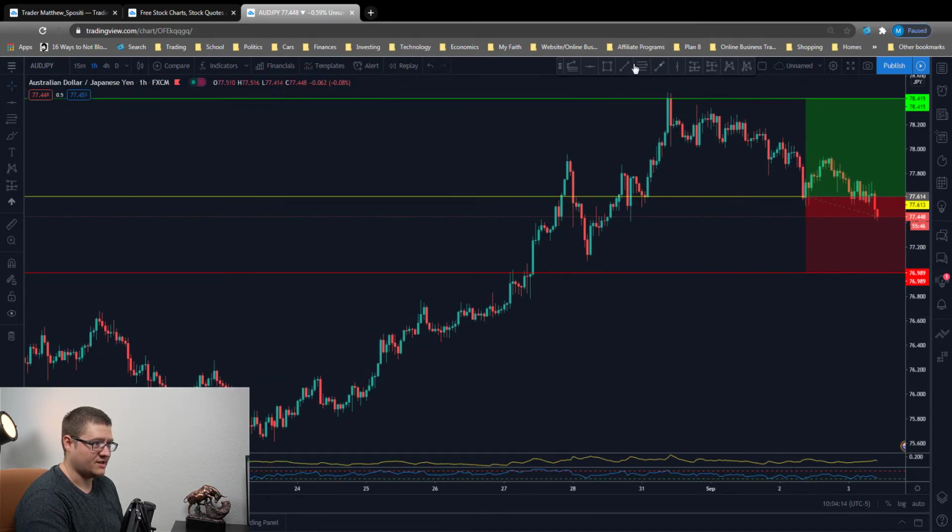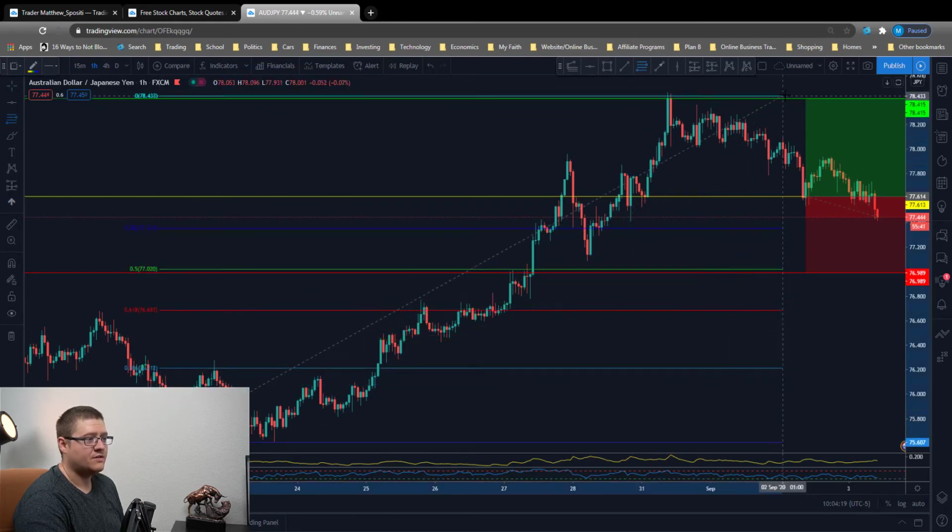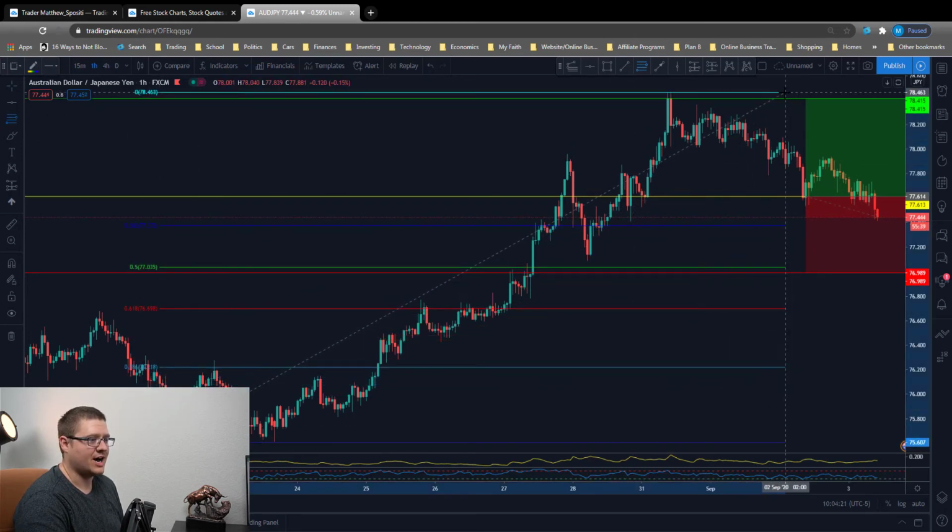What you typically see is if you draw your fib retracement tool from the major structure level, from the swing low to the swing high, in order for the market to get down to the 618 fib retracement level, the 76.69 price level right here, the market's got to move a fair amount of distance.